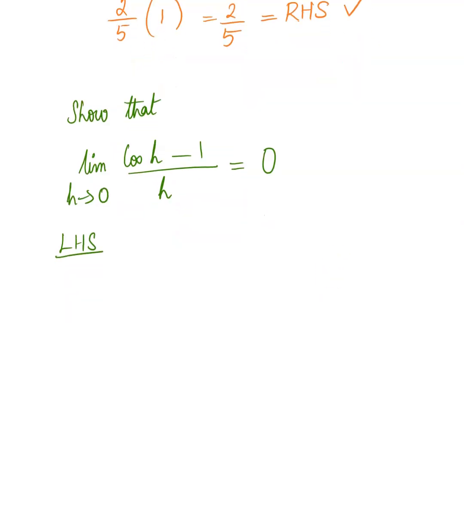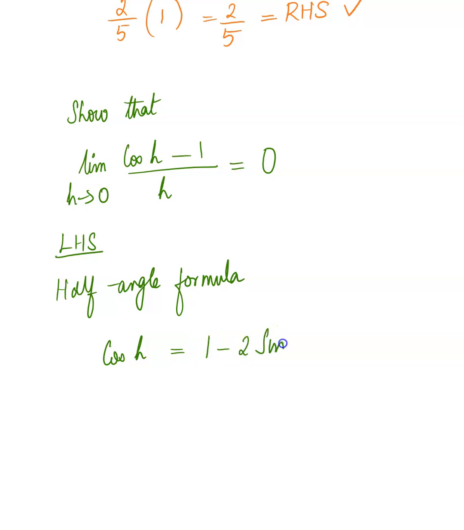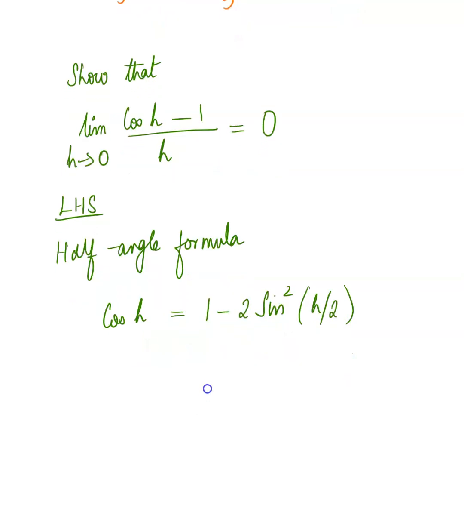Okay. So what I'm going to do is use the half angle formula from your trig identity, and that says cosine. In the formulas, you probably have them as alpha and beta, but here we have the angle as h. So cosine h is 1 minus 2 sine squared h over 2. So we want cosine h minus 1.